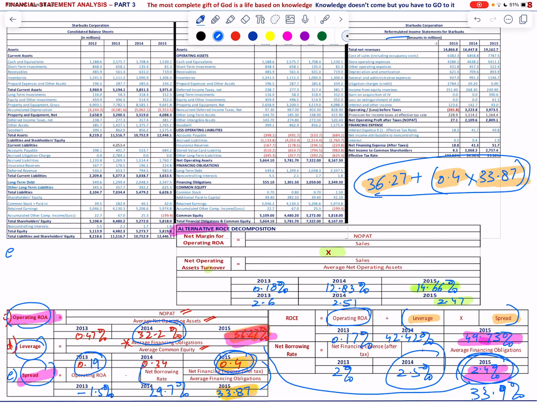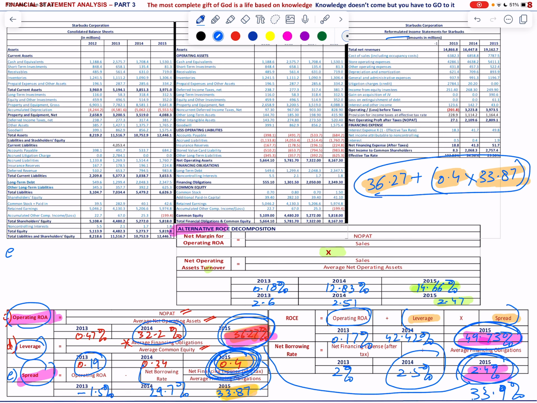And in 2015, the alternative return on capital employed breakdown demonstrates how Starbucks has achieved 49.7% return on capital employed. It is calculated as the operating return on asset of 36.27 and the leverage of 0.4, multiplied by the spread of 33.9.